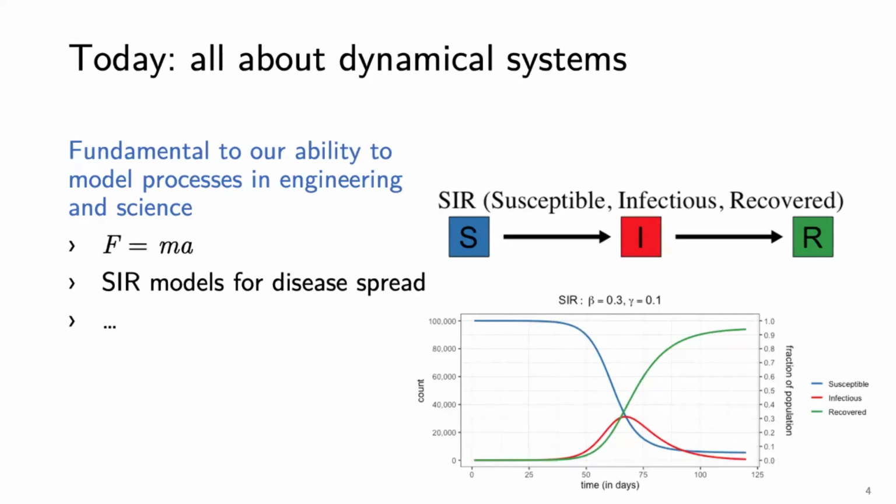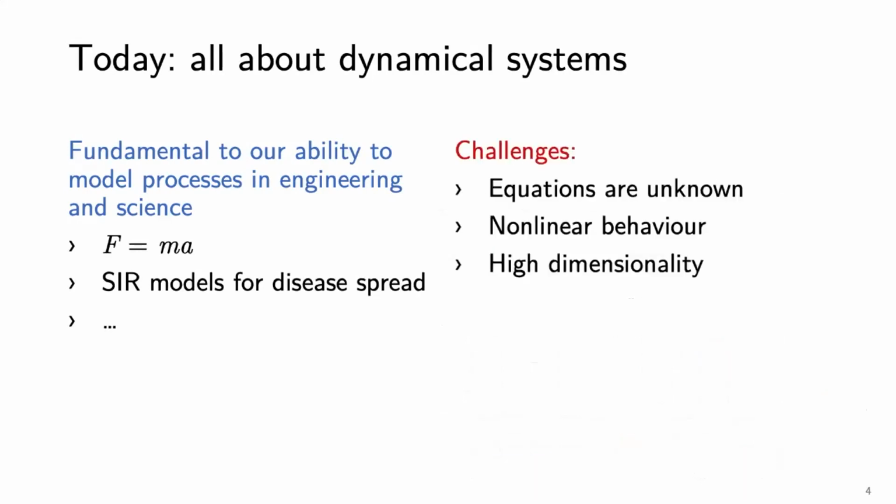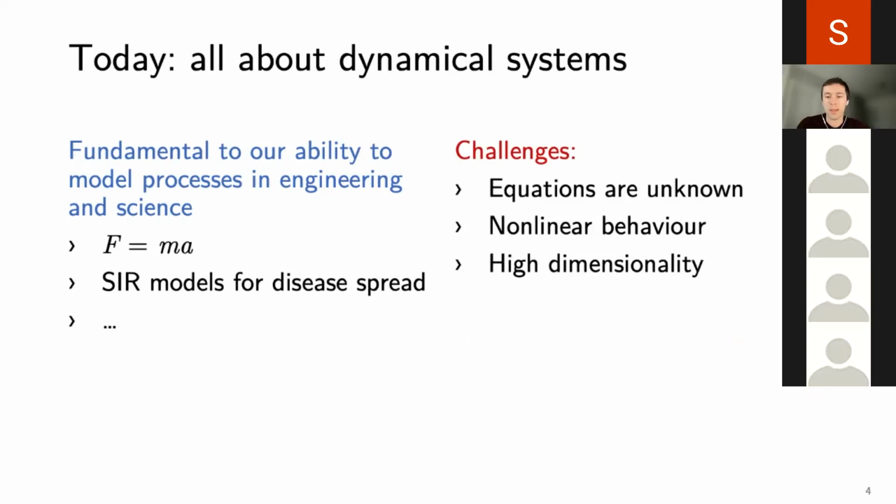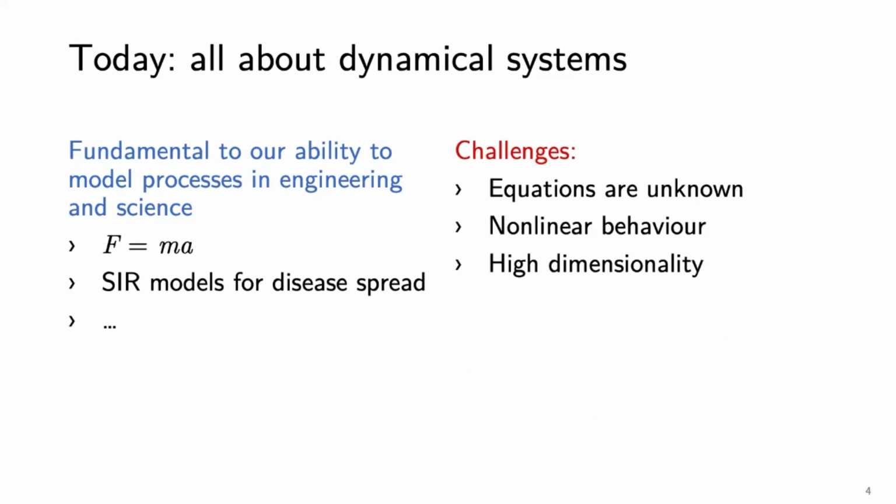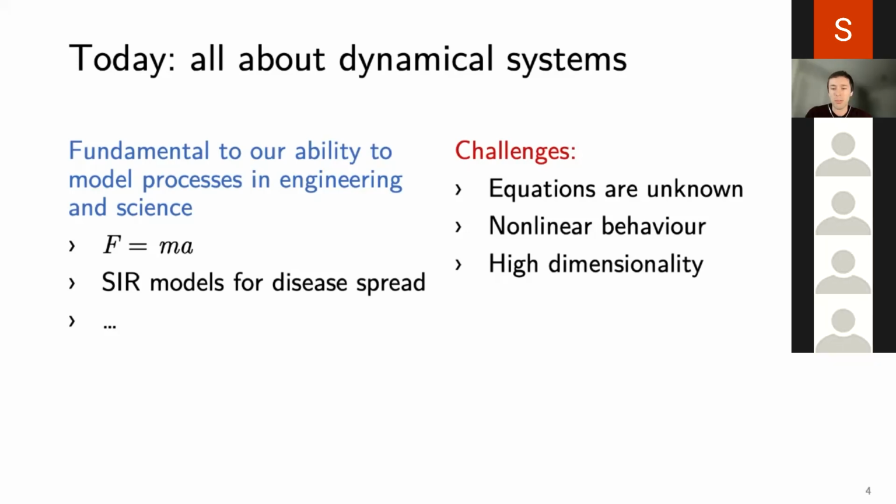Now, with all this said, there are also a number of challenges. Some of these challenges are that the governing equations might be unknown or only partially known for a system that we care about. It might also be that first principles derivations are not even possible to develop such equations. And even if we know the equations or can develop them, they may be so high dimensional as to be difficult to analyze and prohibitively expensive to make predictions with.